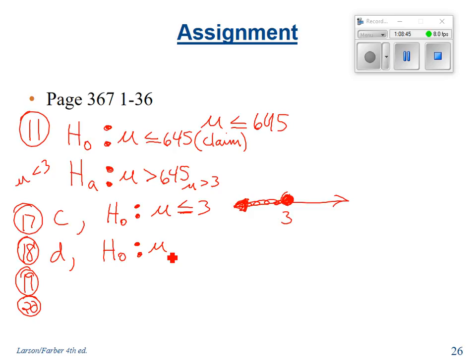If this is less than 3, then it's going to be greater than or equal to 3. Then we want to graph that new one. 3 has got to be on our number line. What kind of dot on 3 this time? Solid again. And we shade where?